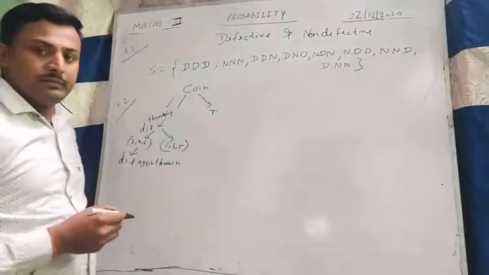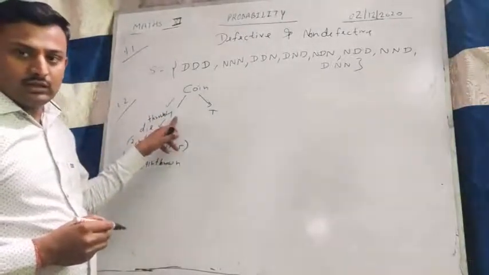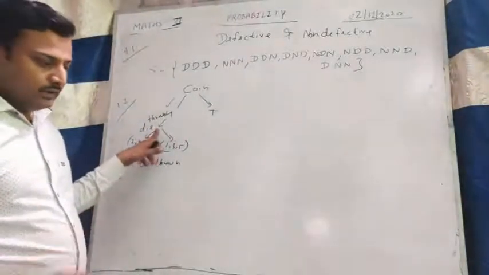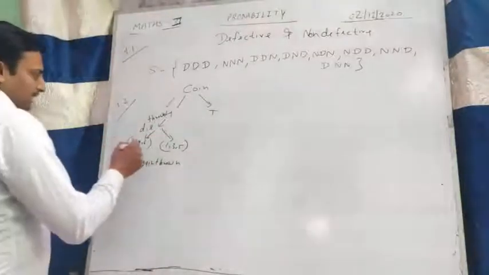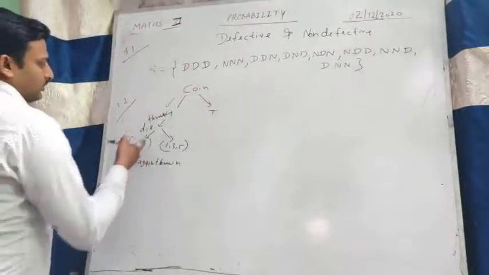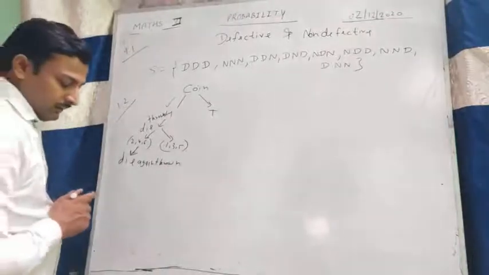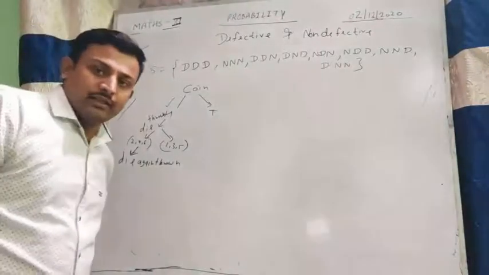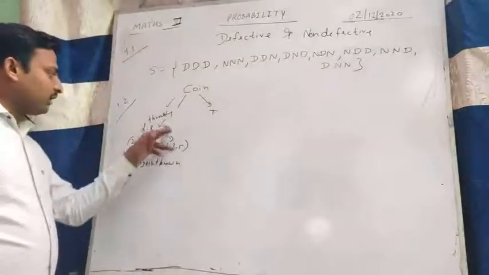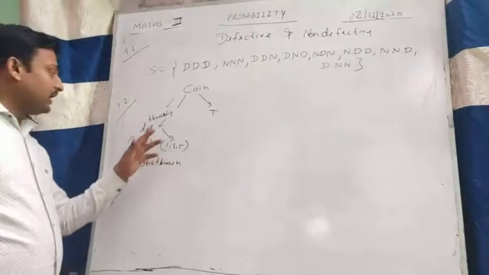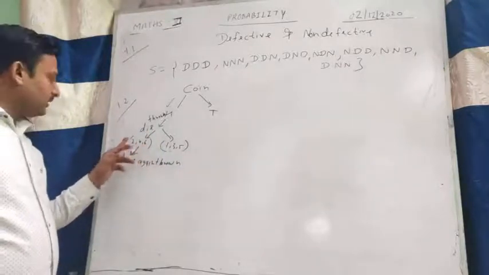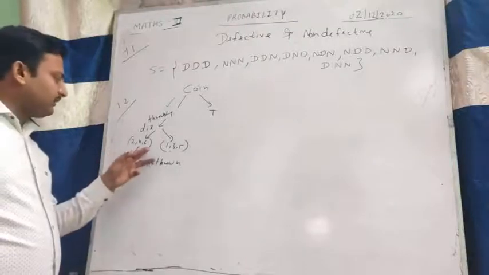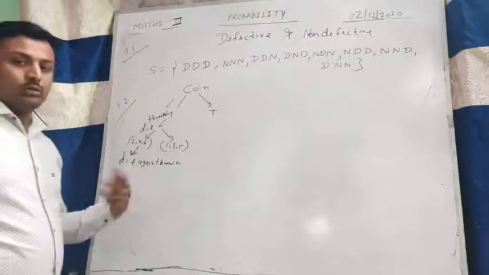When a die is thrown, the possibility is that it will be either an even number or an odd number. If it is odd, then 1, 3, 5 is there. If it is even, then it will be 2, 4 or 6. Then it says that if it is an even number, the die is thrown again.